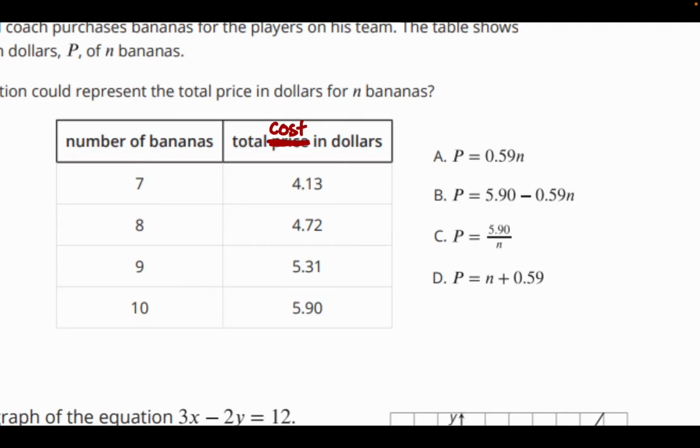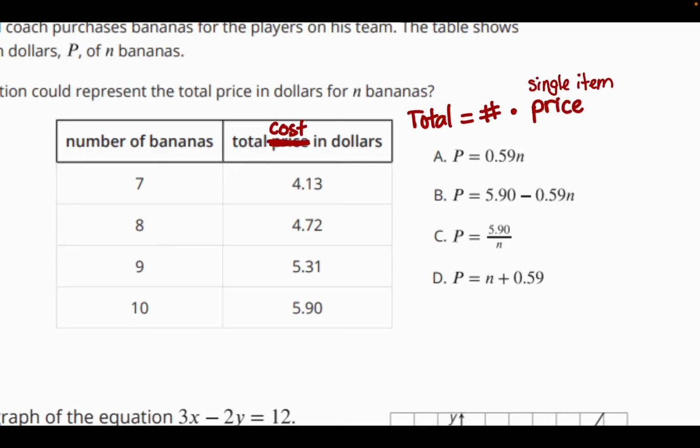So generally, our total cost for an item that we're purchasing would be the number of items, and we would multiply it with the price. But I'm going to specify that this is the single item price.